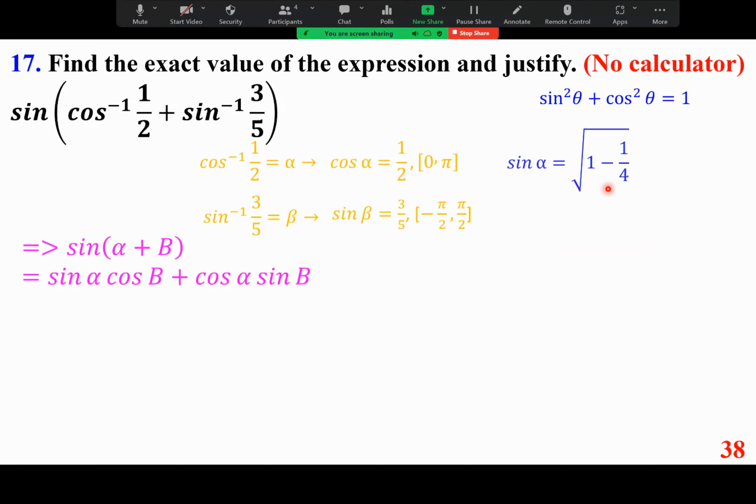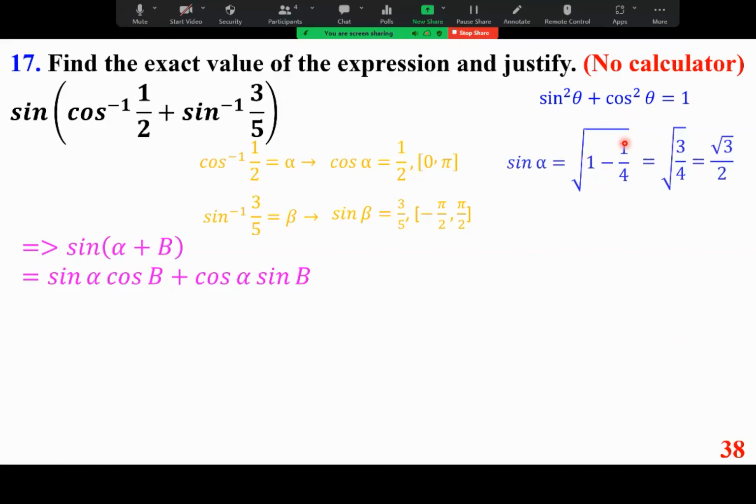Square root of 1 minus cosine squared theta. That is 3/4, or square root of 3 over 2. Remember, it's in the first and second quadrant, and sine is positive in both.